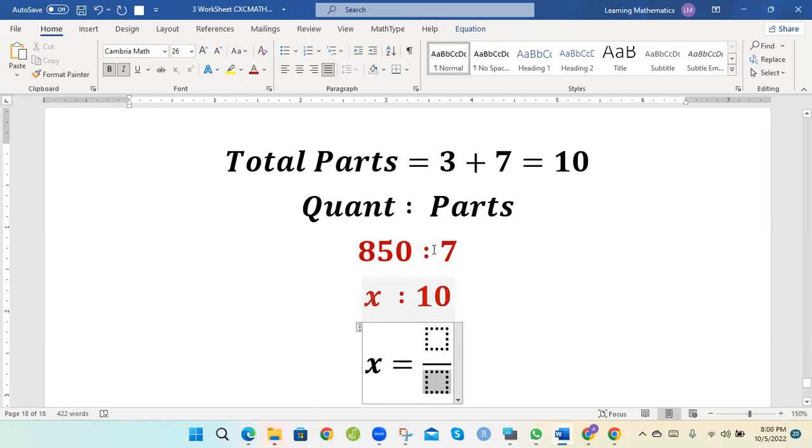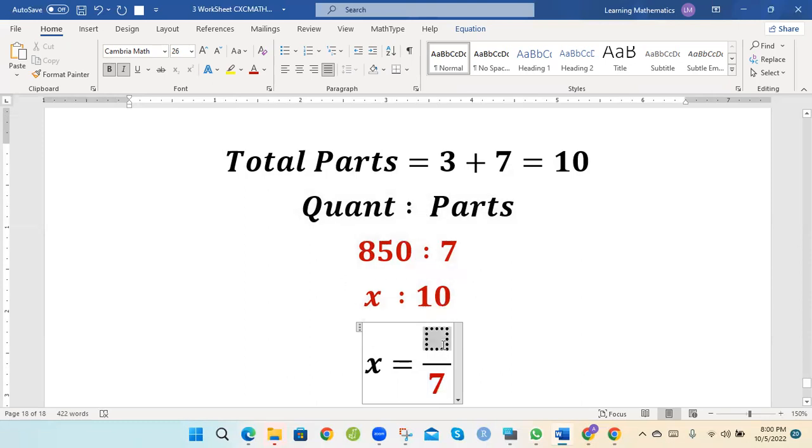Exactly. Divide by 7, the number diagonally away from X. Remember, that setup is what we have to use to cross multiply and divide. We cannot go back up again. Okay, that is the purpose for that.